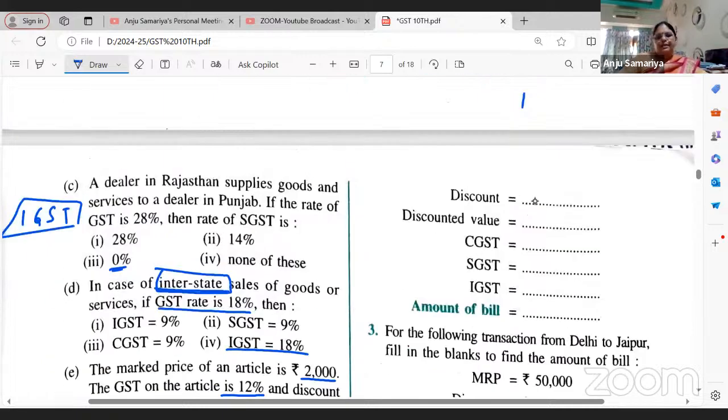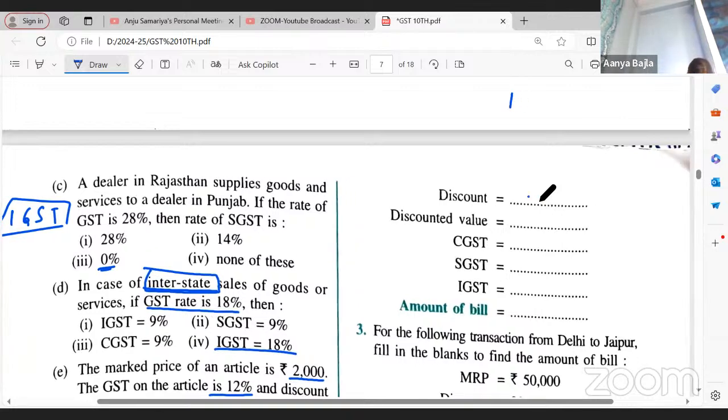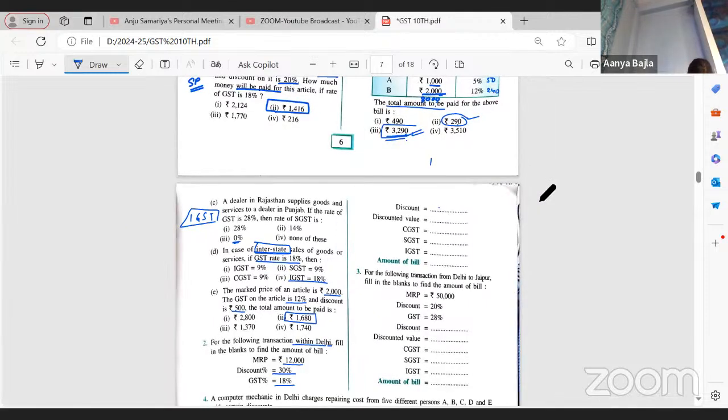So what are the blanks here? MRP was how much? 12,000.